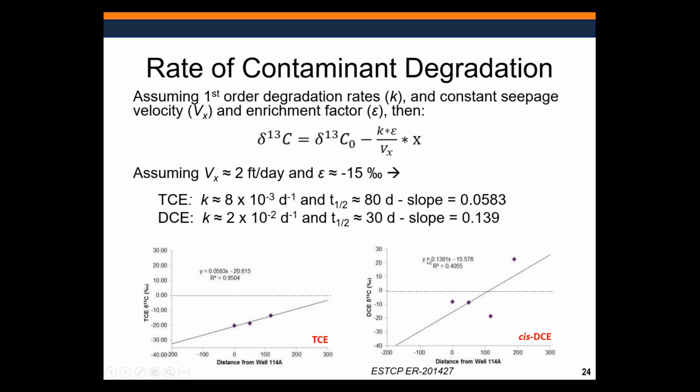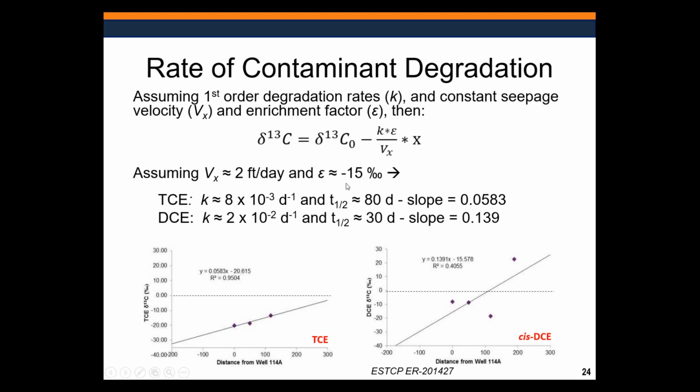So in this case, we're just assuming a first order rate, and what we're trying to solve for is a degradation rate. We have to assume a seepage velocity, but of course, if you have a good model, you can estimate that. And an enrichment factor, and you can play with a range of enrichment factors. In this case, we assume -15 per mil, and that's going to be fairly conservative.